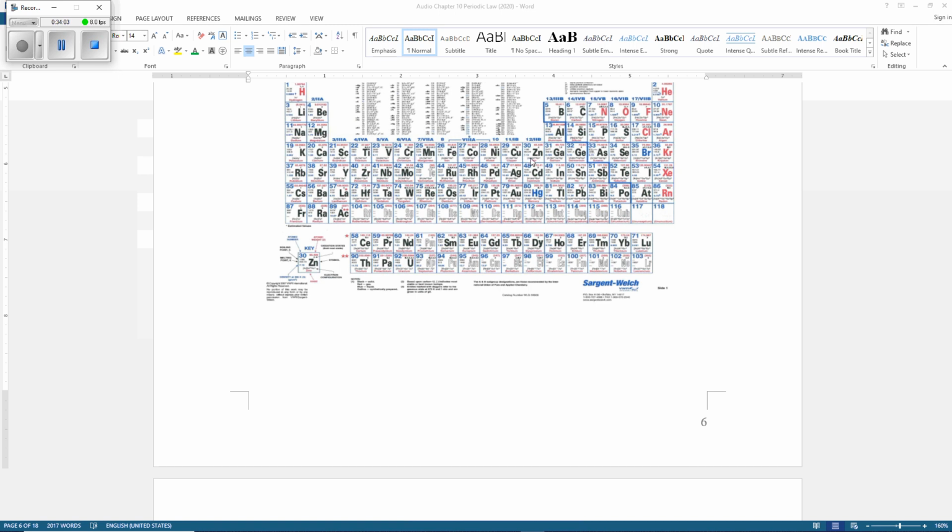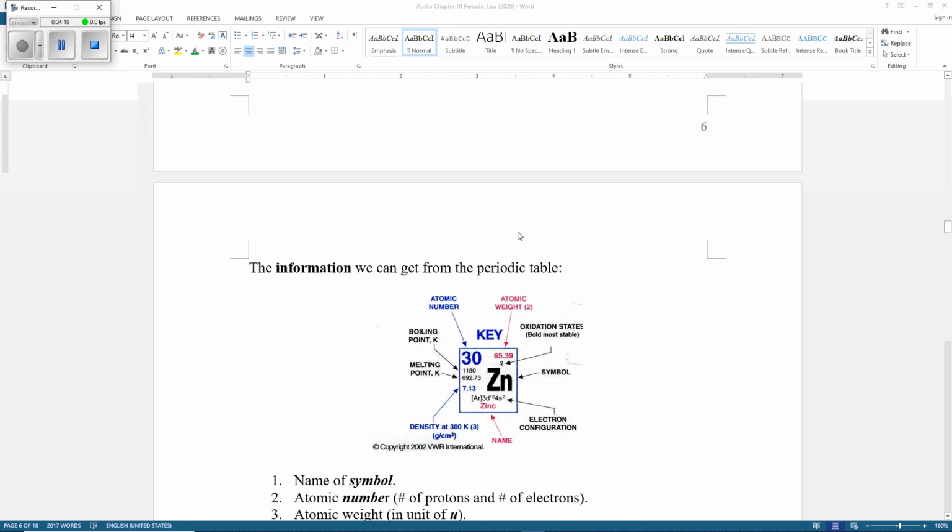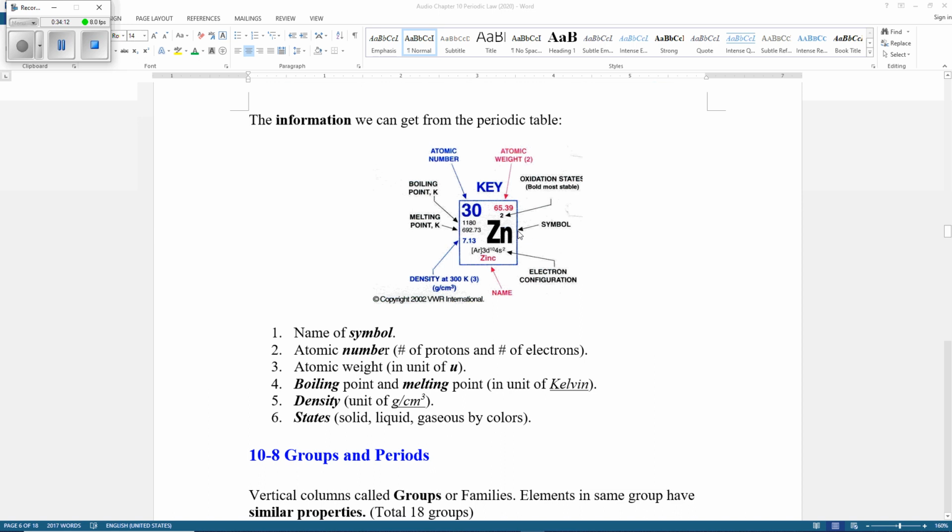Of course, I will ask you about different elements, it can be any one in the periodic table. Now, how can you find information? First, the name. The symbol is ZN. So what does ZN mean? At the bottom it gives you that: zinc, Z-I-N-C. That's one question they ask you.